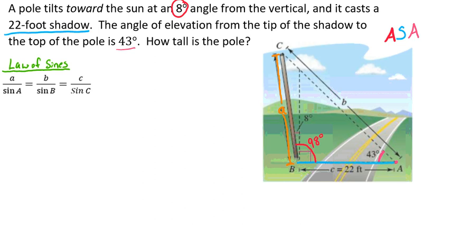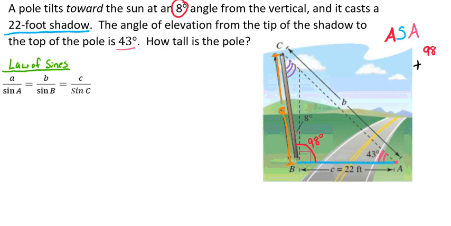As we look, we really don't have that, but we notice that we have two angles. If we have two angles, then technically we have the third one right here too, because the sum of the three angles of a triangle is 180 degrees.